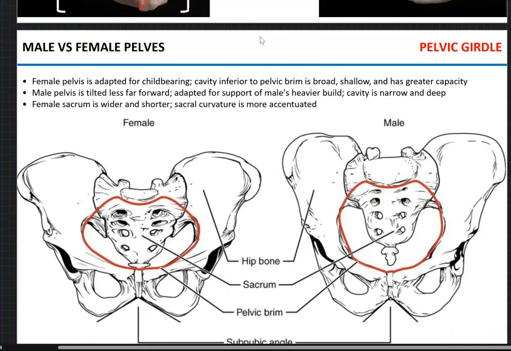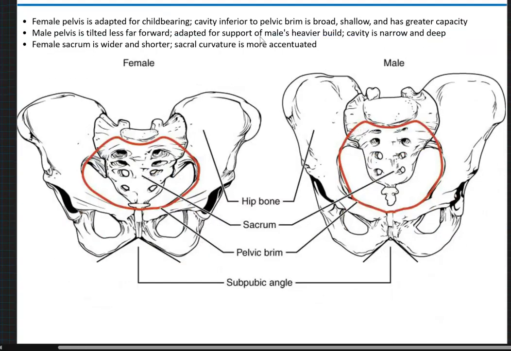Now, pelvises, male and female. So female pelvis is adapted for carrying a fetus. Okay, you can see that this cavity below the pelvic brim is shallow and broad, which suits well carrying a baby.